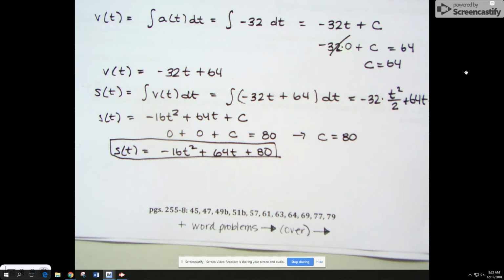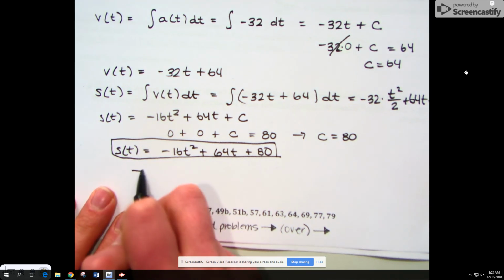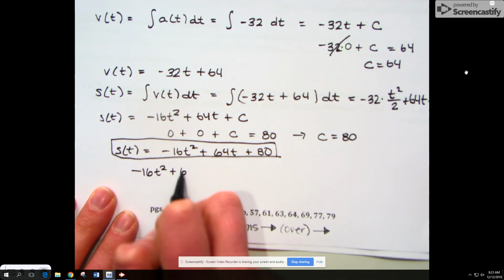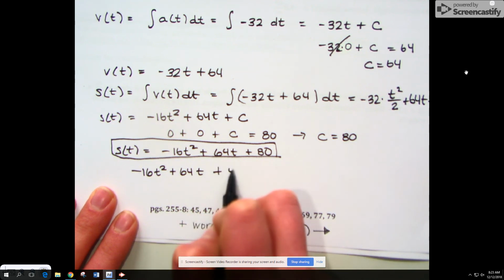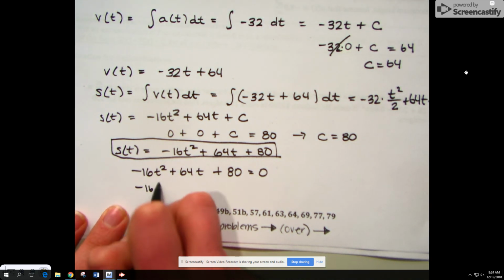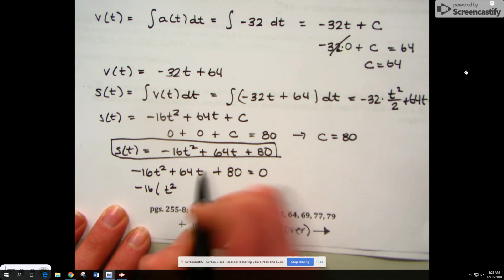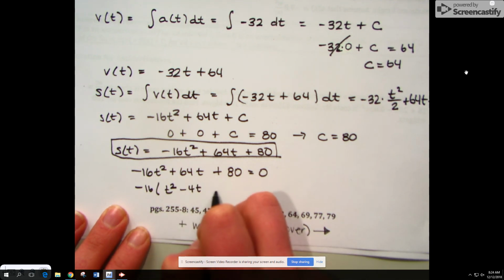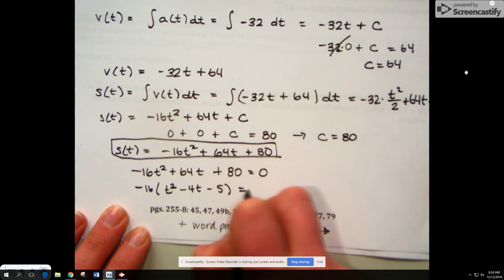When does the ball hit the ground? Well, how do you figure out when the ball hits the ground? That would be the place where your position, right, is equal to 0. The ground is always our 0 here. And if you didn't have a calculator, you could actually factor this one out. I've picked some friendly numbers for you. We're going to get minus 4t, and we're going to get a minus 5 equal to 0.